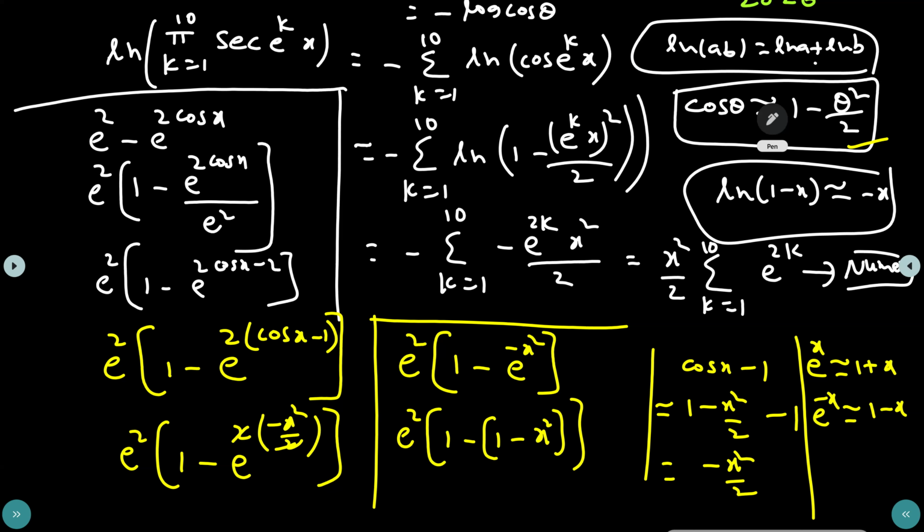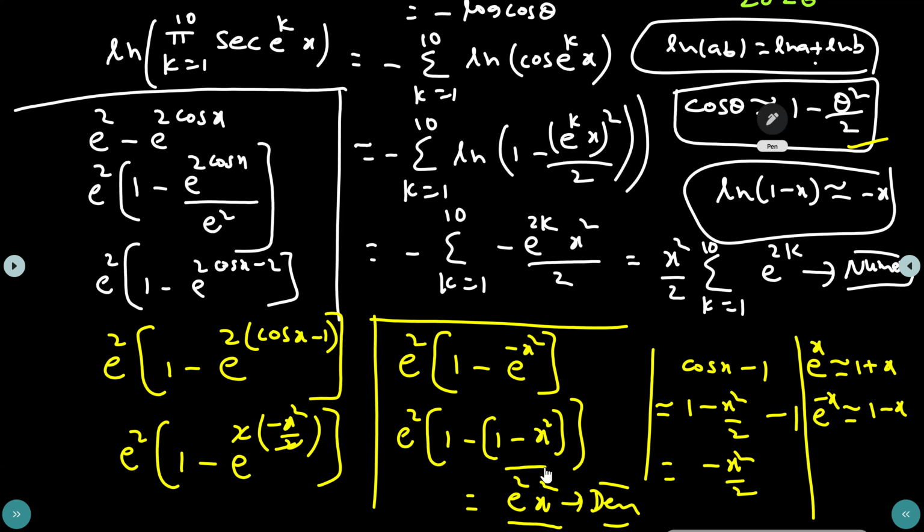Now 1 and 1 get cancelled. Minus into minus is plus x square, which gives e square x square. This is the denominator. Okay, now the numerator is x square by 2 sigma k equal to 1 to 10 e power 2k, and the denominator is e square x square.